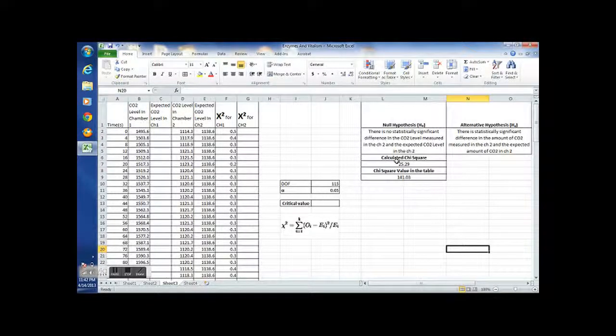What I see is my chi-square number is lower than the critical value, which means I will accept the null hypothesis. The null hypothesis tells me there is no statistically significant difference between the carbon dioxide level measured in chamber 2 and the expected carbon dioxide level in chamber 2, which means the change in these numbers is not statistically significant.